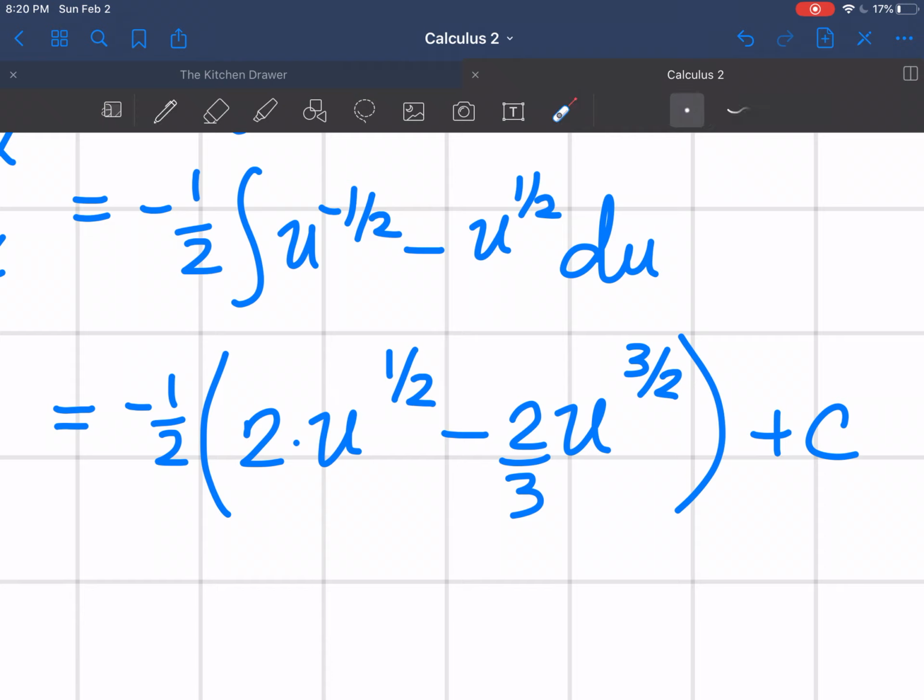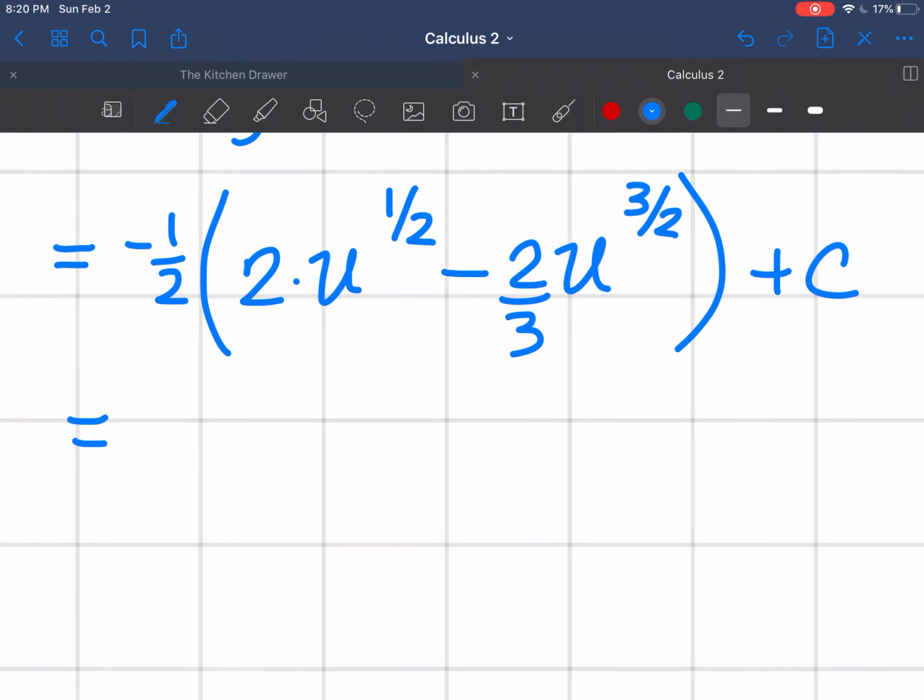And notice here, there's no integral. This integral sign, you drop it when you actually compute the integral. And so from this stage, this is all the pre-calculus stuff. Here we're going to use some algebra to make it look prettier, and also to simplify. And so we have negative u to the 1/2 minus, and then here you can see negative 1/2 times 2/3.